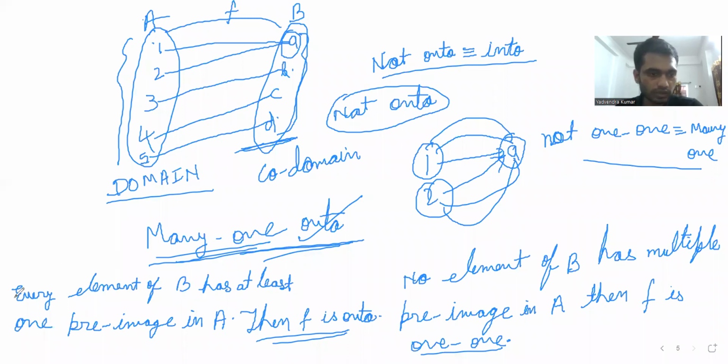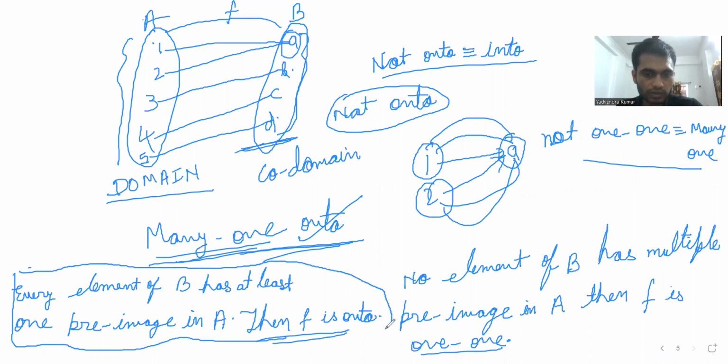We call it into if at least one element of set B is left out.